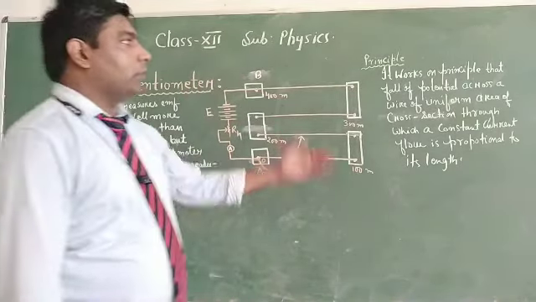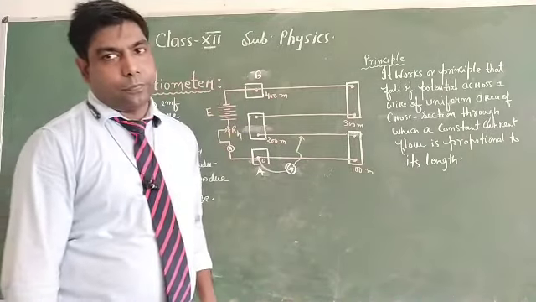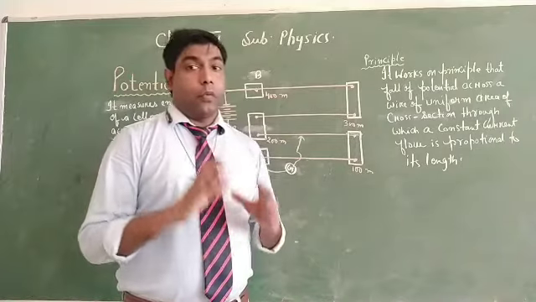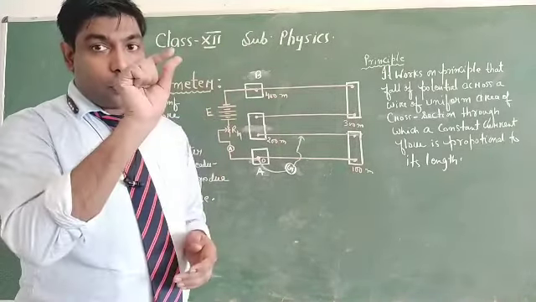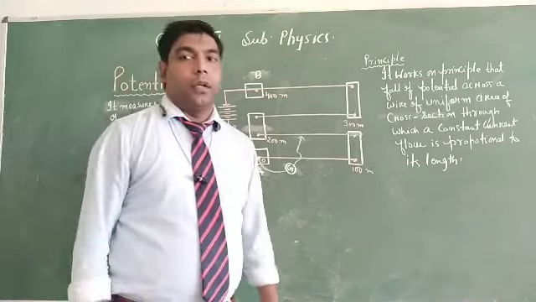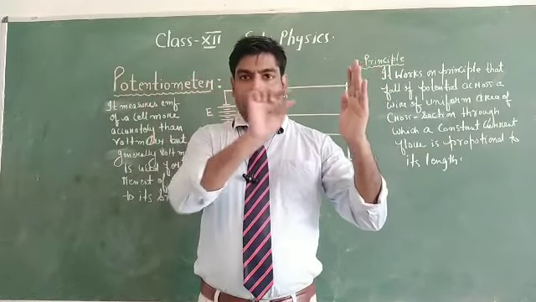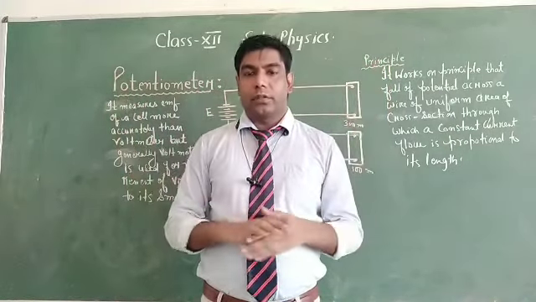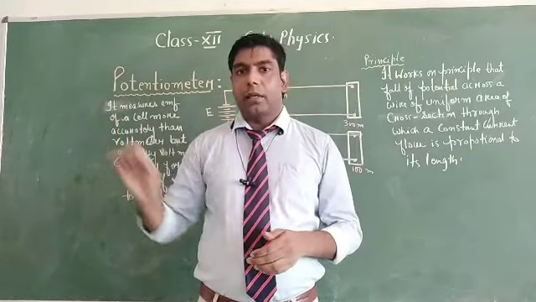Now let us see the principle. It works on the principle that the potential drop across a wire of uniform cross-sectional area, through which constant current is flowing, is proportional to its length. For example, take a wire whose area of cross section is uniform and the current through it is constant.